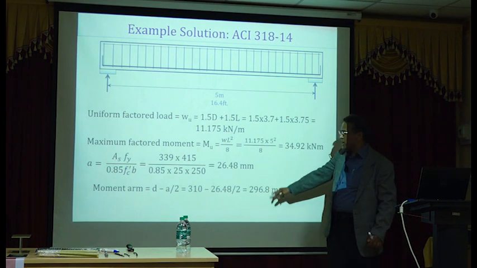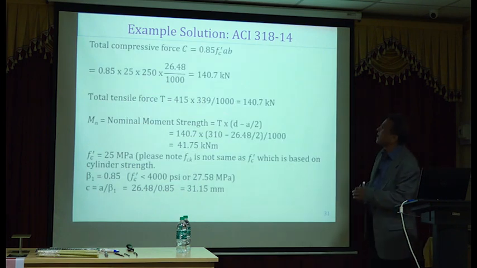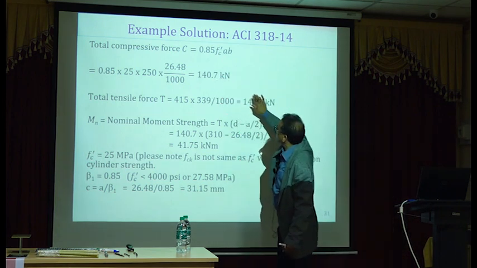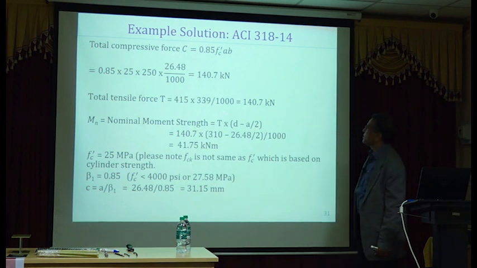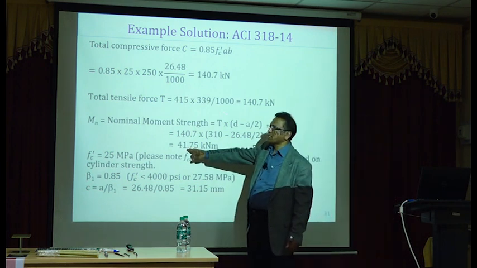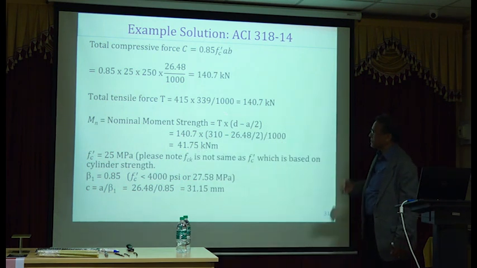Then the moment arm is 296.8, and the total compressive force is 140.7, tensile force is 140.7. Now moment strength is 41.75, but remember we also need to use a phi factor there.